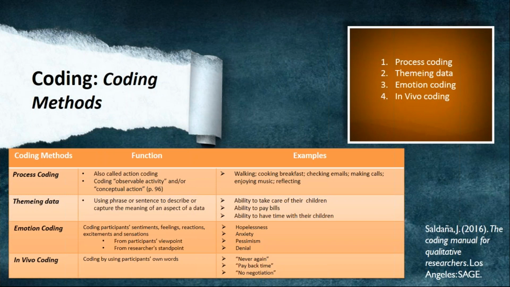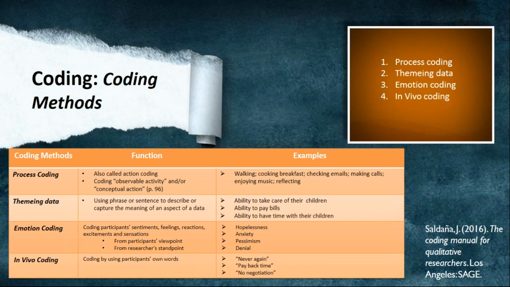So you can use one of the coding methods to do your coding, or you can use multiple. You always ask yourself, which coding strategy can help me to develop a label to best represent participant response or best represent the significant information I've identified in the data, right?